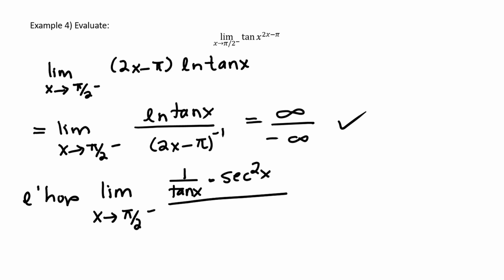And then in the denominator we will have, using the chain rule, negative 1 times 2x minus pi to the negative 2, and then the derivative of the inside function would be times 2. Let's clean this up a little bit more.